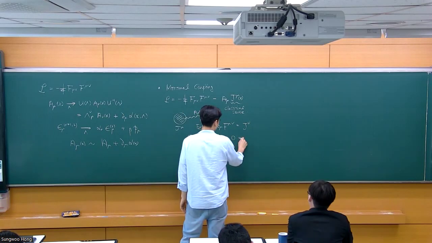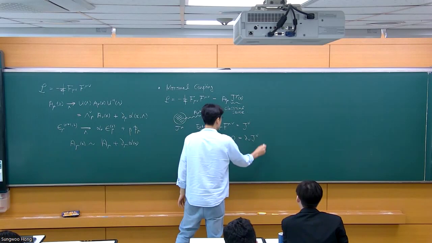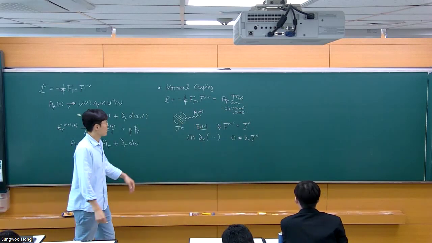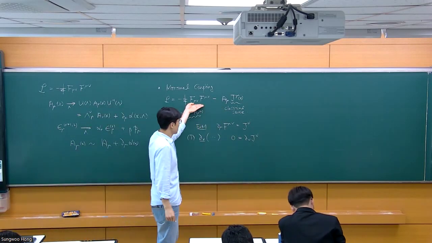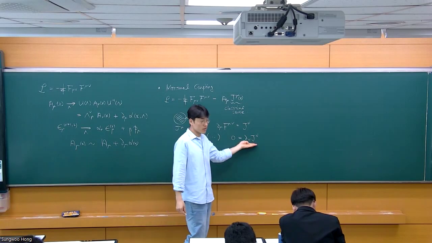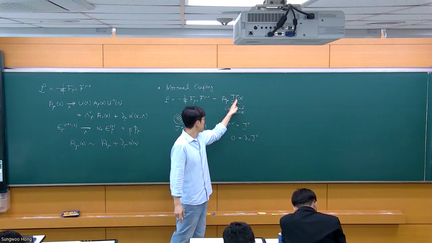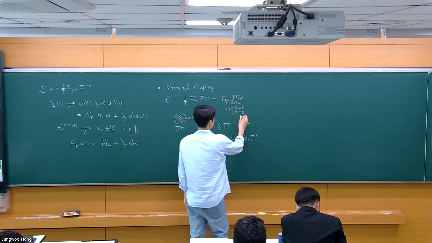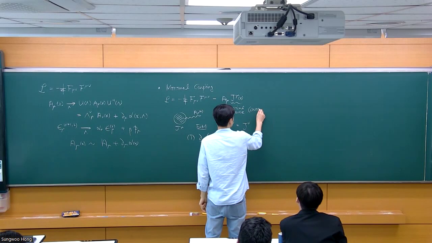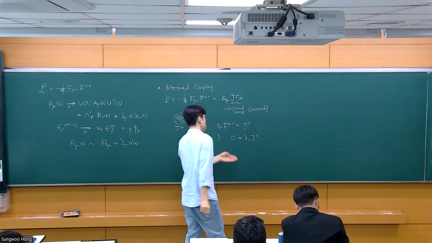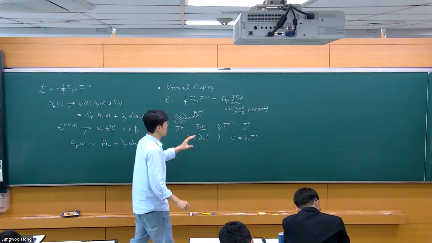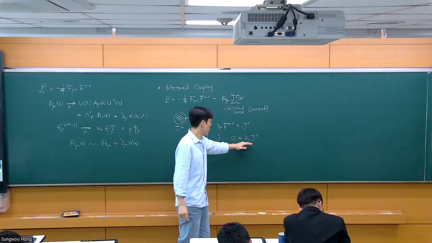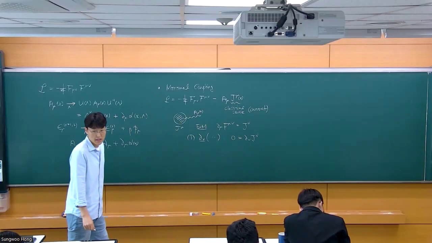Then on the right-hand side, I get this. So what this means is that a massless photon can couple only to a conserved current. I just call this vector-valued source the current for now. So even without doing anything else, this can only couple to the conserved current. This is the one lesson you can extract.